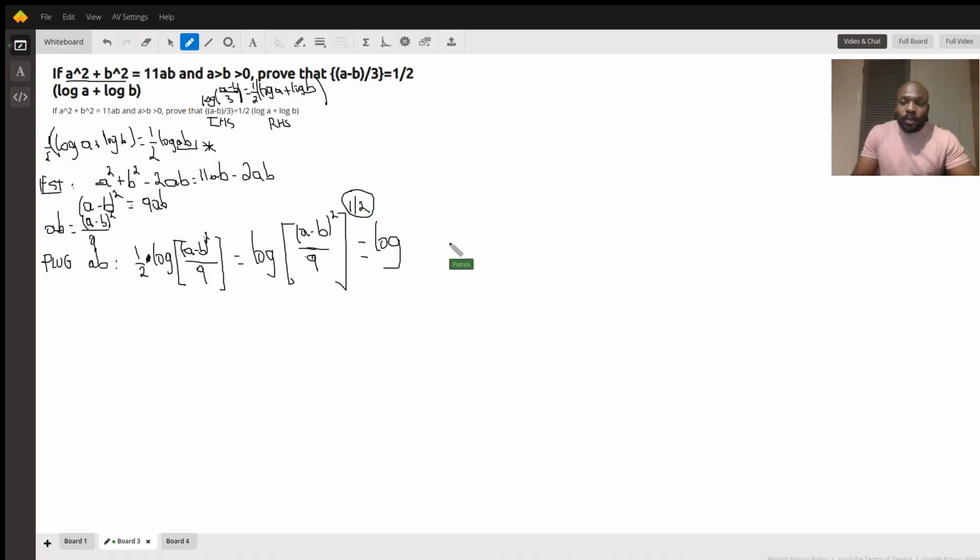So it's going to be log of ((a minus b) squared) to the power of 1/2, minus log of 9 to the power of 1/2.